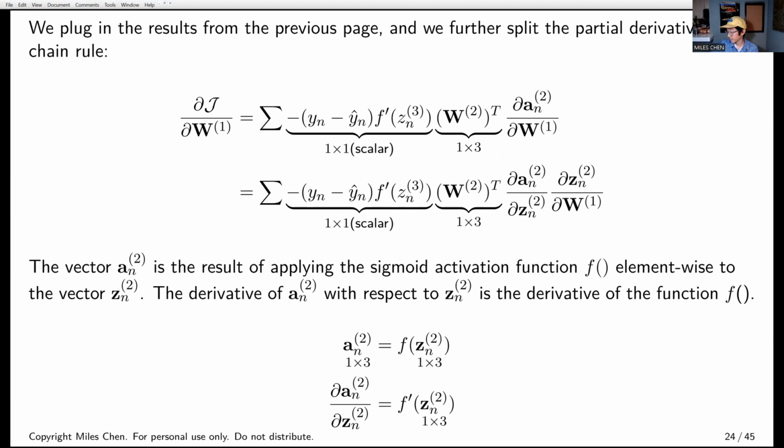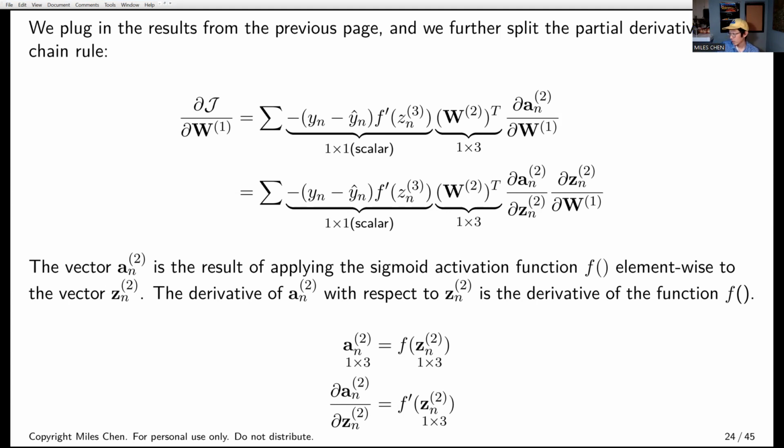At this point, we want to say, what is the gradient of the nth observation in A2 with respect to changes in W1? Well, the nth observation in A2 is the result of applying the activation function f onto the nth observation in Z. The nth observation in Z is a 1 by 3 row. It's the nth row in that Z matrix, which has 3 columns.